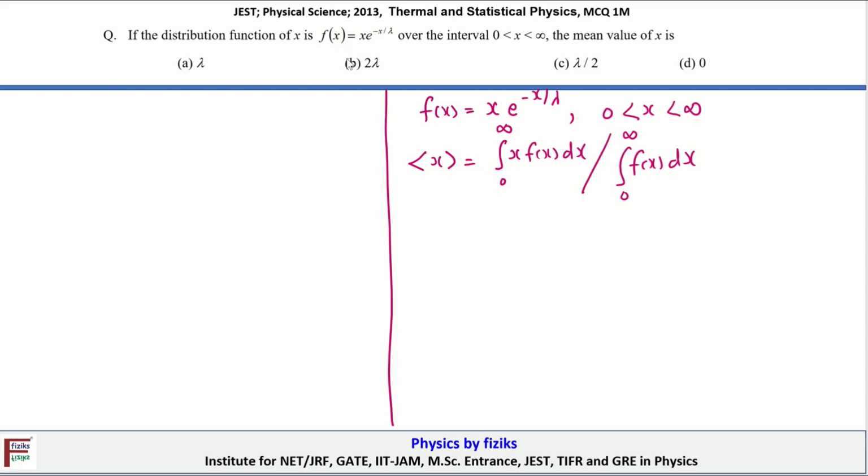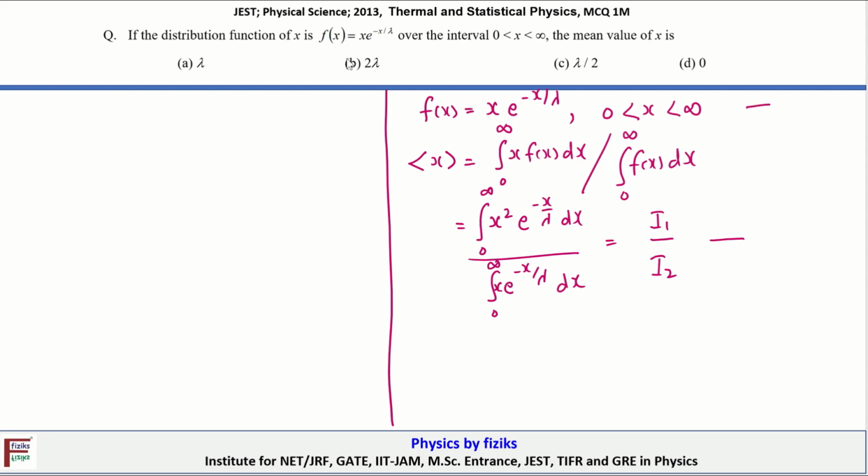Substituting the value of f(x), this reduces to the integral of x squared e^(-x/λ) dx from 0 to infinity, divided by the integral from 0 to infinity of x e^(-x/λ) dx. Let me call this I1 divided by I2. Let's call this equation 1 and this equation 2.